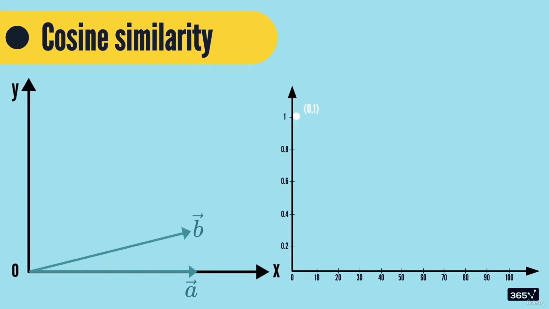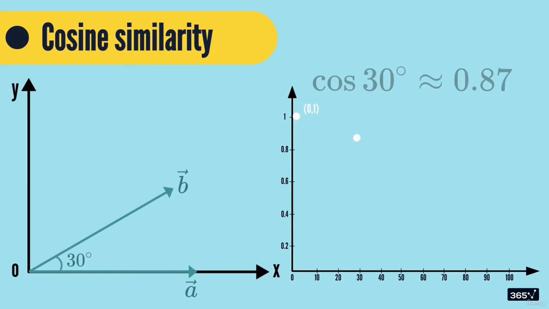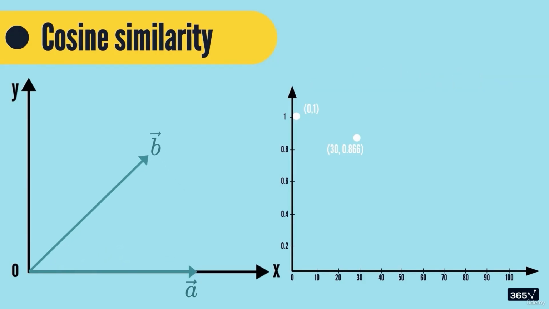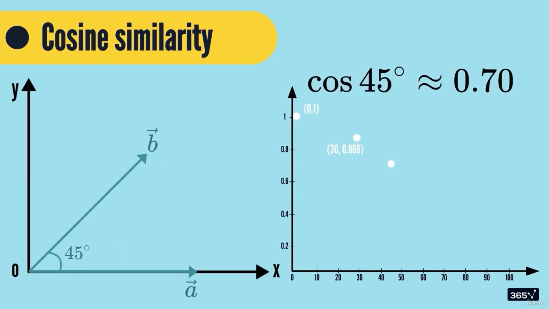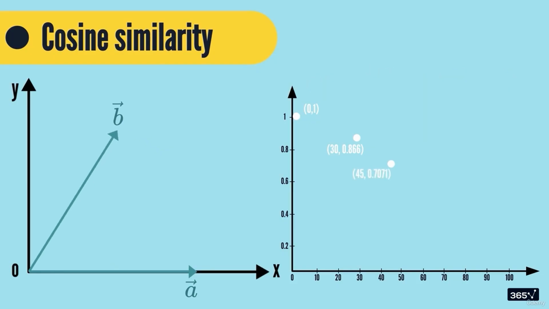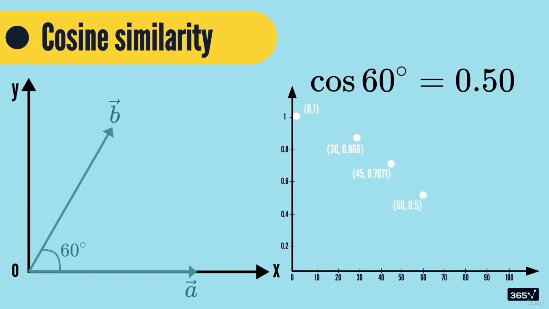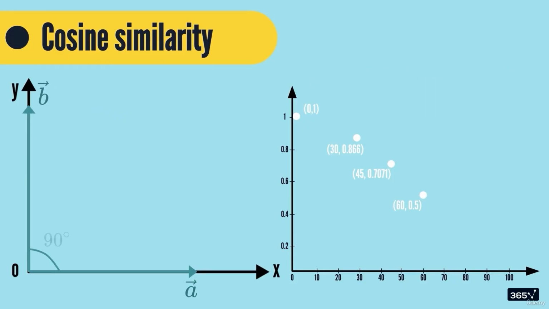If we now increase the angle between the vectors to 30 degrees, the cosine decreases to about 0.87. Increasing the angle to 45 degrees, we obtain a cosine value of about 0.70. Rising to 60 degrees, the cosine becomes half. And once we reach a right angle, the cosine drops to 0. So we conclude that as the angle increases, the value of the cosine function decreases.